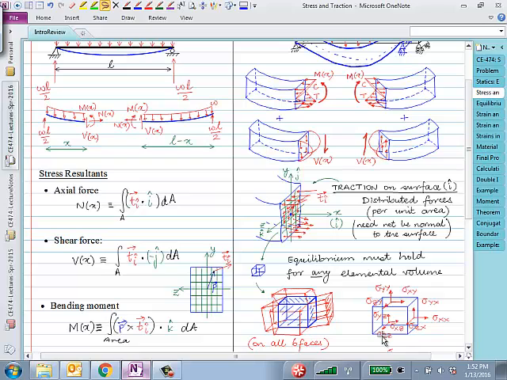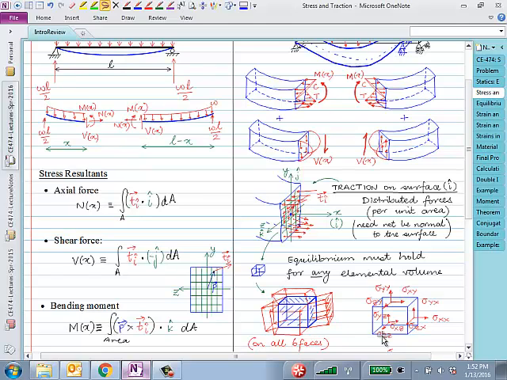How many of you remember from mechanics of materials that the stress really is not just force divided by area? It's really 9 different components, right? Sigma xx, sigma yy, sigma zz, and all of the shear stresses.